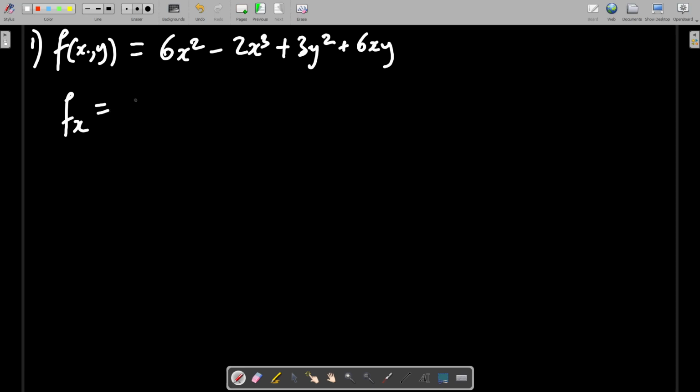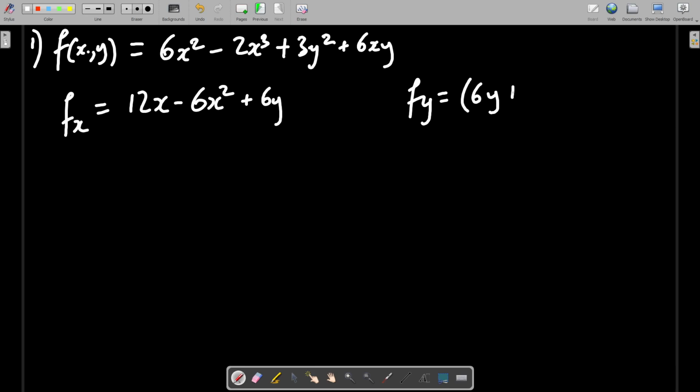first order derivatives. fx is going to become 12x minus 6x square plus 6y. Okay, and fy you're going to get as 6y plus 6x. Okay, so now what do we know at a critical point?